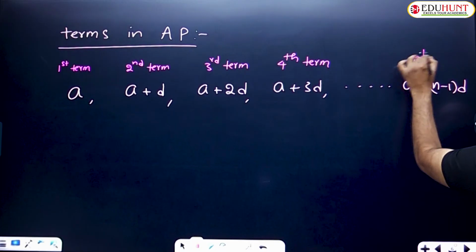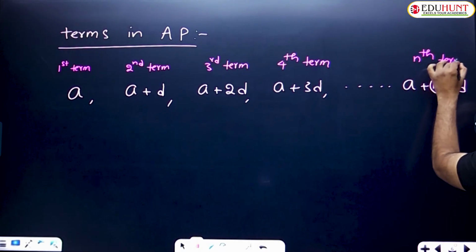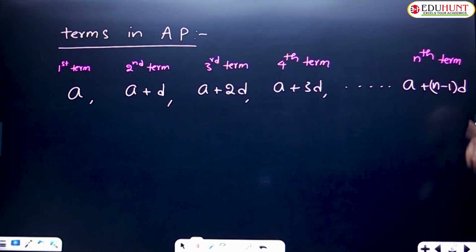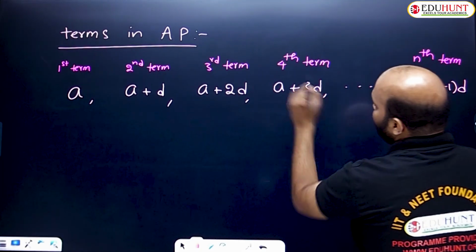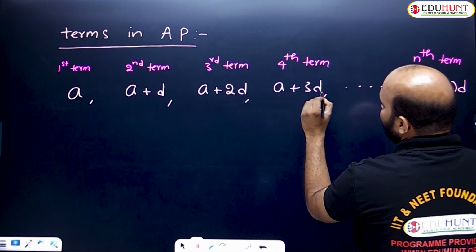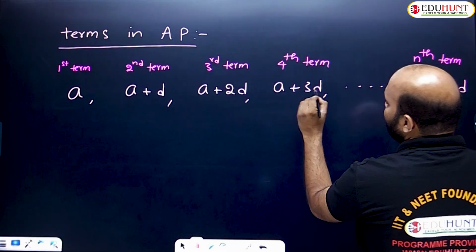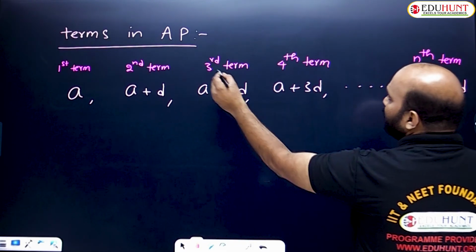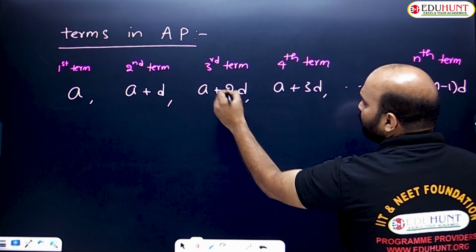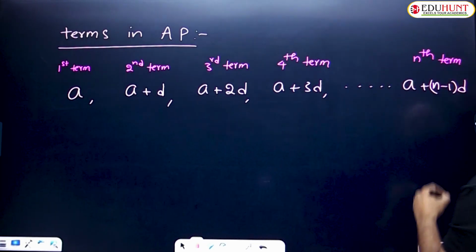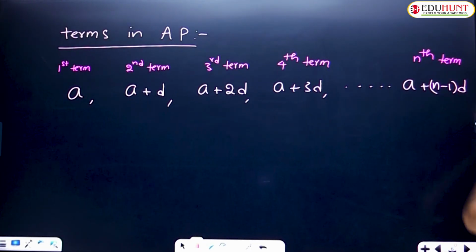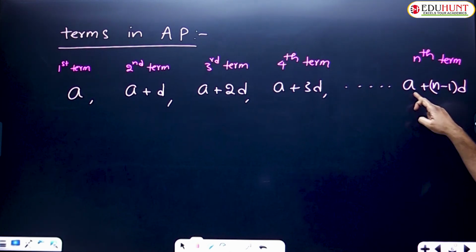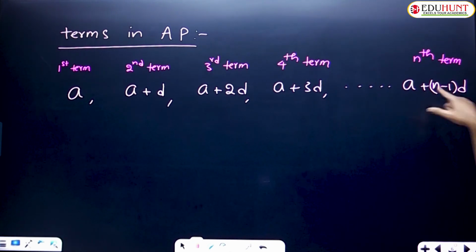Nth term is A plus n minus 1 into D. For example, in the fourth term, what is the coefficient of D? 3, that is 4 minus 1. In the third term, what is the coefficient of D? 2, nothing but 3 minus 1. In the nth term, what is the coefficient of D? n minus 1. Don't take nD. So A plus n minus 1 into D is called the last term.